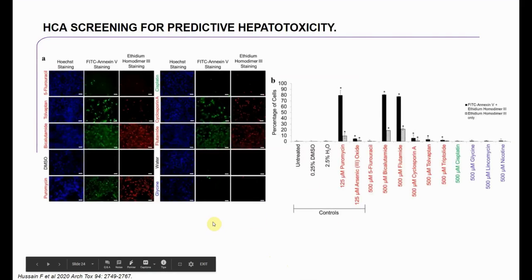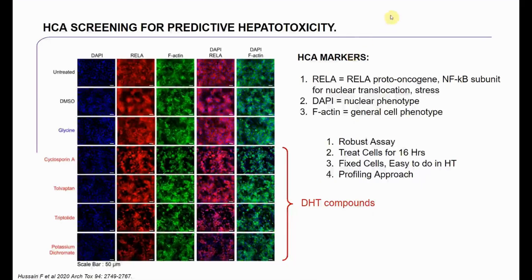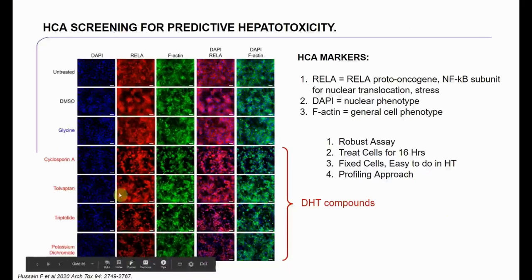And this looked promising, and so then they moved on to constructing their high content assay with the other markers. And so here again they could get responses with known toxic compounds, and the idea was to generate this as a robust assay, again pre-treat the cells for 16 hours, but then to fix them.